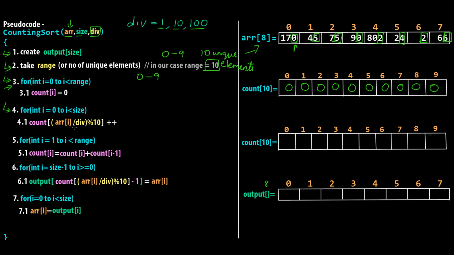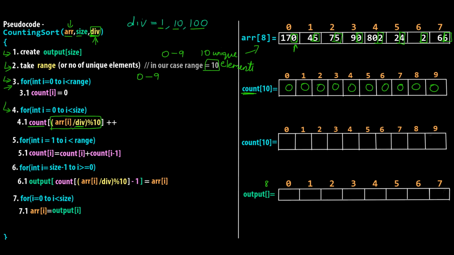So this is where this div variable that we've passed in this function is going to help us get that individual digit. So in this for loop, you can see we are using this equation or this expression. Let's try to evaluate this expression, what it is. So we are saying count of, so we are accessing the count array and now we want the index position in the count array. But we have a particular equation over here.